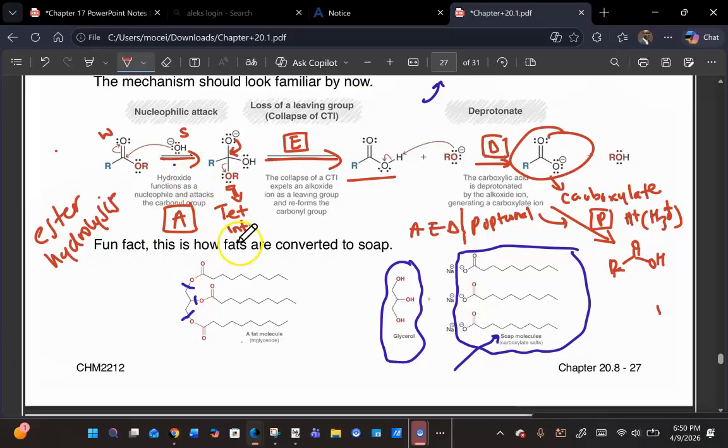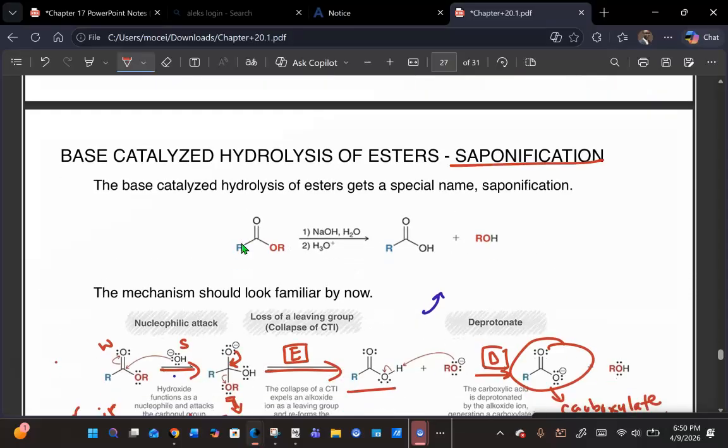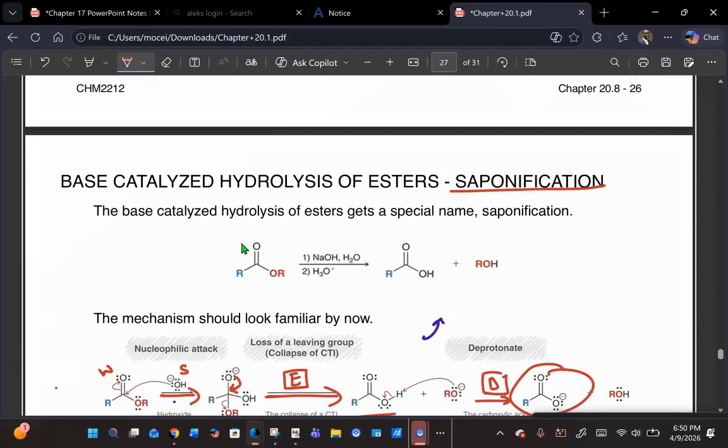Okay, I'm just finding relatable slides. That process, by the way, is called saponification, the making of soap. And that's why you see this H3O plus added here. Otherwise, this is going to end up as the carboxylate.